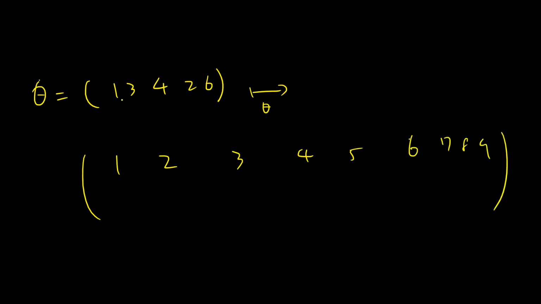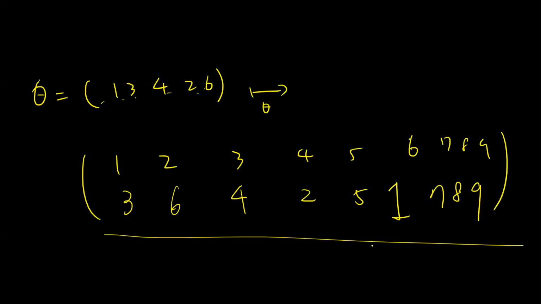And then 1 maps to 3, and 3 to 4, 4 to 2, 2 to 6, and 5 is fixed, right? And 6 to 1, and 7, 8, 9 are fixed. Okay, so this is just a small exercise to change the representation. So this means 1 to 3, 3 to 4, 4 to 2, 2 to 6.